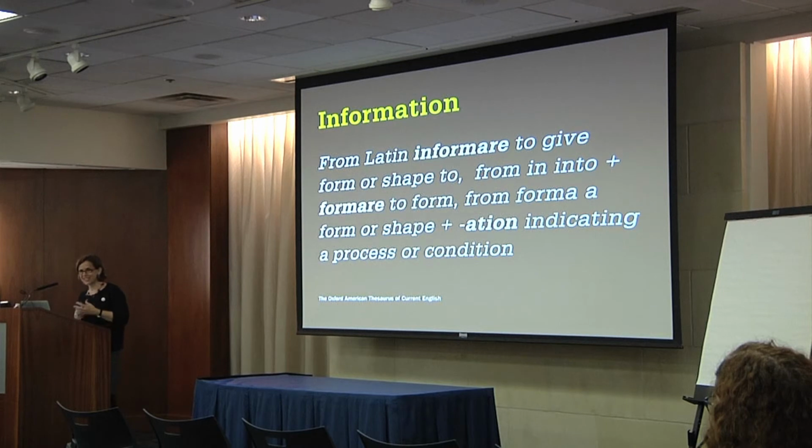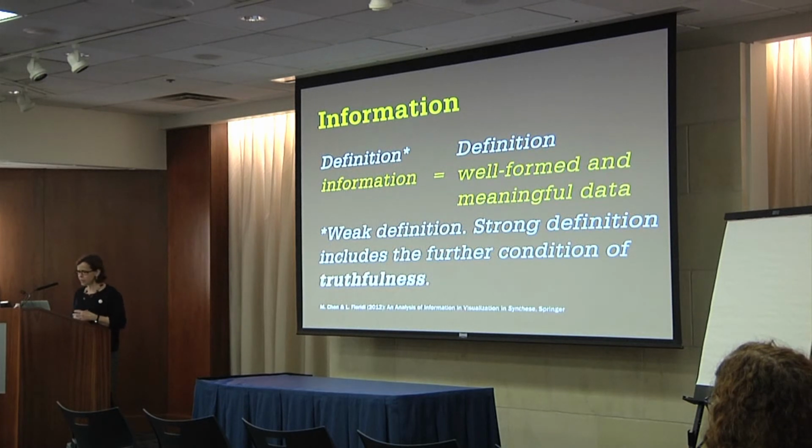Sorry for the redundancy or the loop there, but also if we look at other definitions, here is a definition by Luciano Floridi, who is a philosopher of information at Oxford University in the UK, and he gives two definitions. One that he calls a weak definition, which is that it's well-formed, meaningful data, and then he considers that a strong definition would incorporate conditions of truthfulness, right?